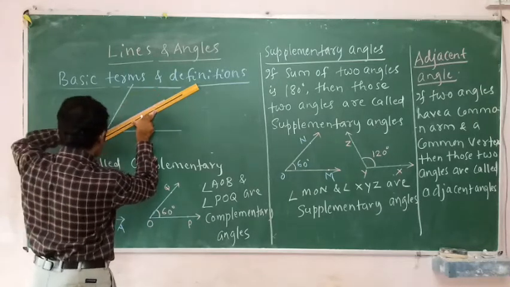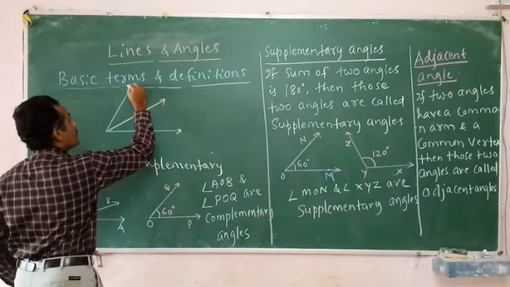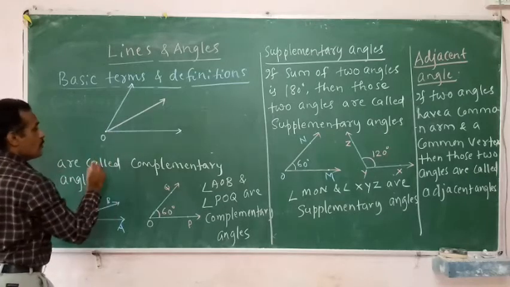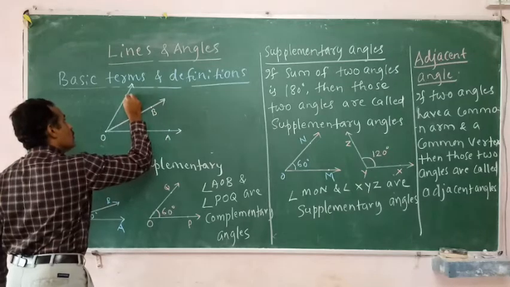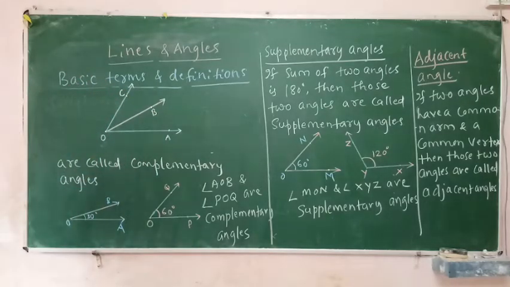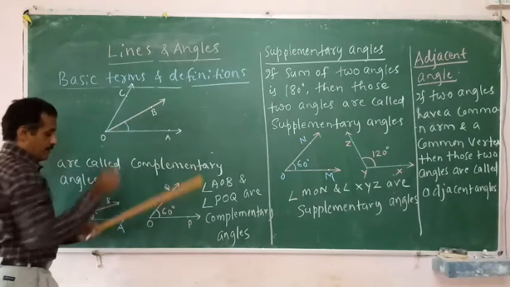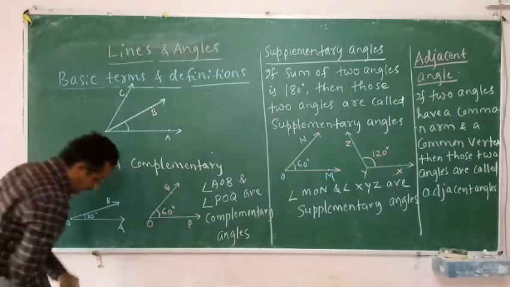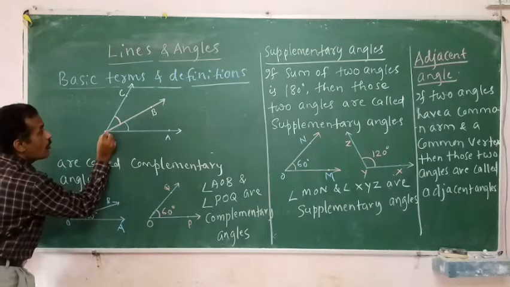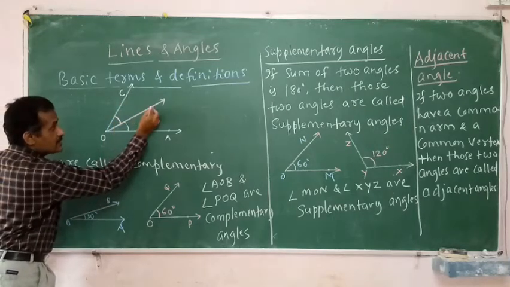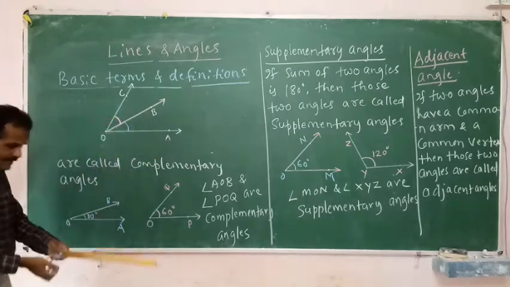This is vertex O, one ray OA, one ray OB, one ray OC. Now this is angle AOB and this is angle BOC. This is BOA or AOB.